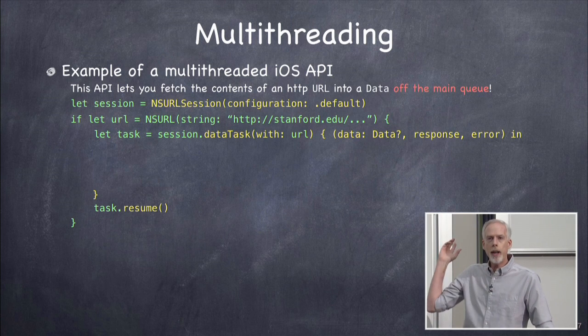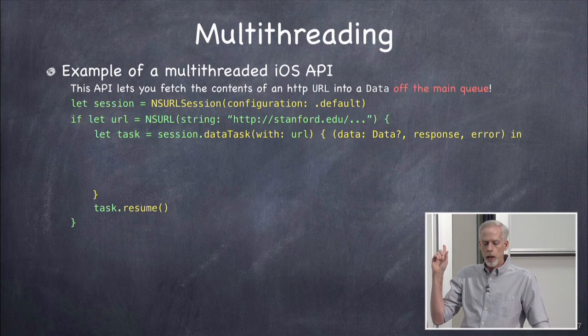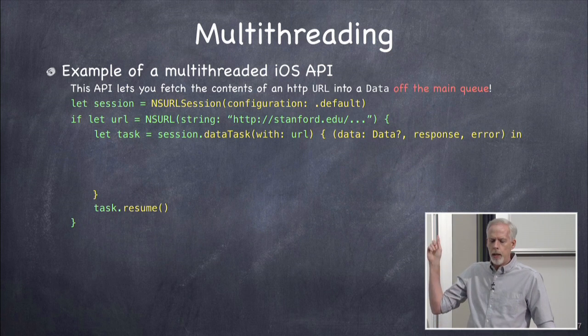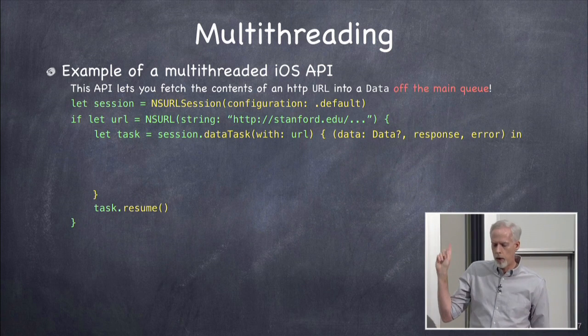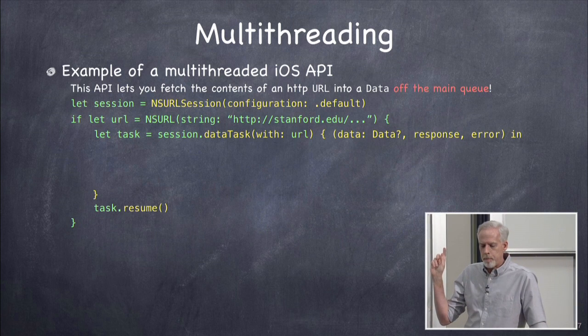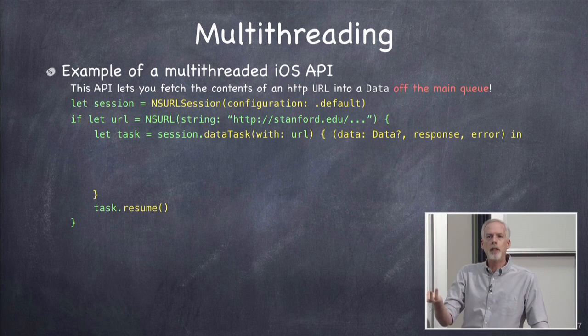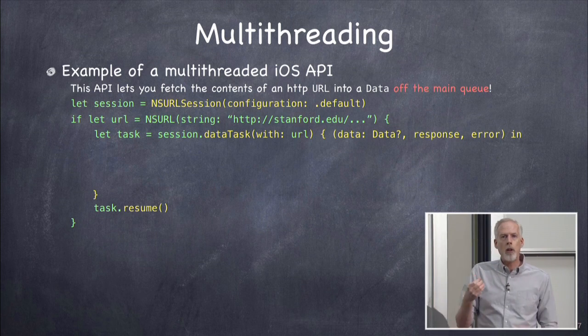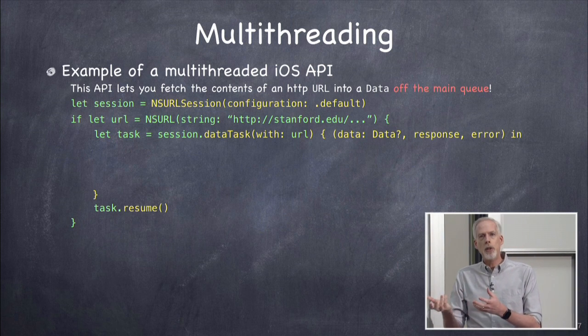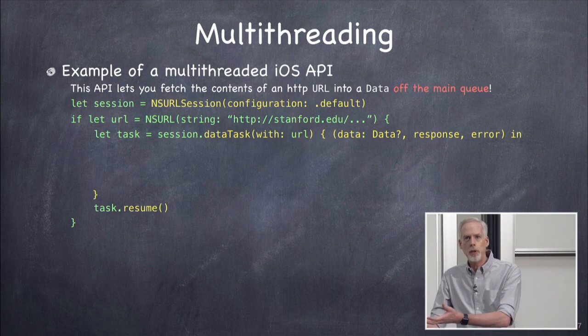And the way it works is you create an NSURLSession, it might be called URLSession these days. Yeah, this is an old slide, but it's just called URLSession and URL, not NSURL. You create one with a certain configuration, then you get the URL you want, and then you call this method data task with URL and closure.